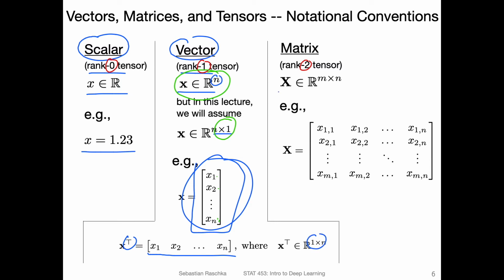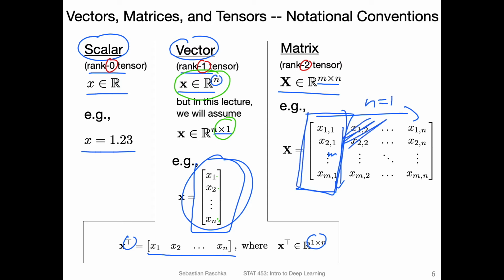Regarding the matrix, here's an m times n dimensional matrix. m is the number of rows, and n is the number of columns. That is just the general layout. If n was 1, then we would have just this first column here, and you can ignore the rest. This would then be a column vector, like shown on the left-hand side here.